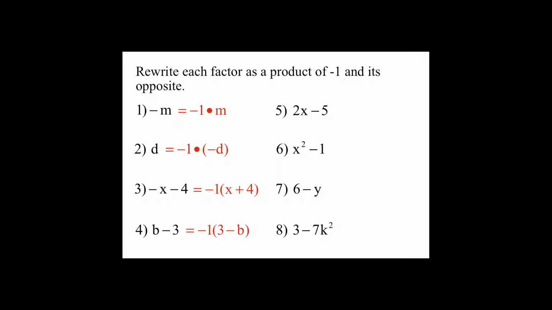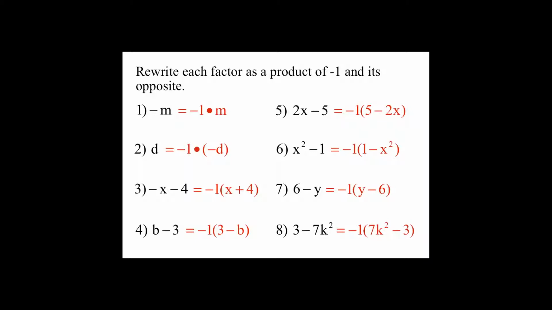Number 5 would be -1 times the quantity of 5 minus 2x. Number 6 would be -1 times 1 minus x squared. Number 7 is -1 times y minus 6. Number 8 is -1 times 7k squared minus 3.